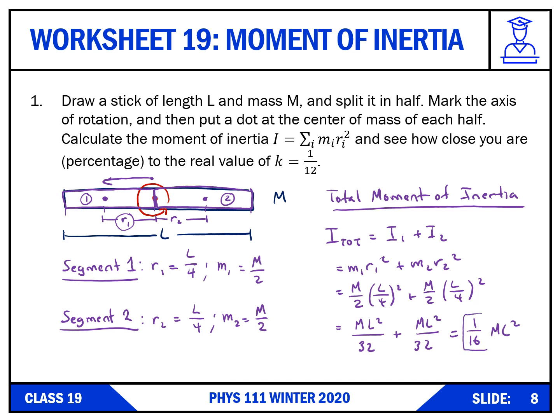And this is what we call the K factor, but we only split the stick in half, so it's not extremely accurate. The real K factor is 1 over 12. So if I divide 1 over 16 by 1 over 12, then this is only 75% accurate.